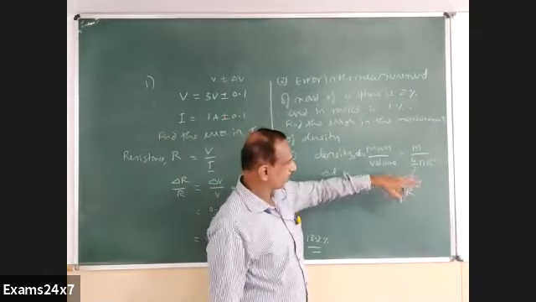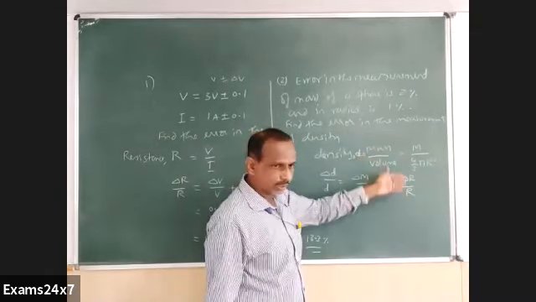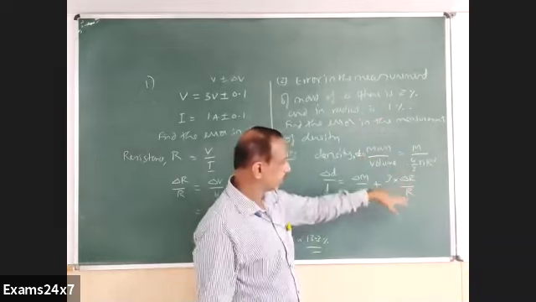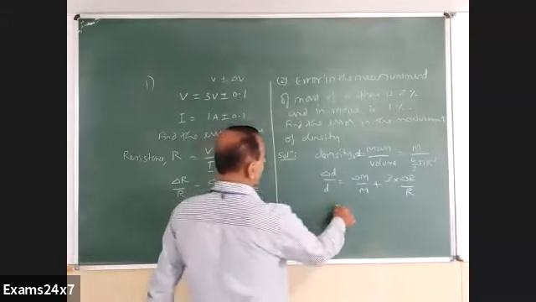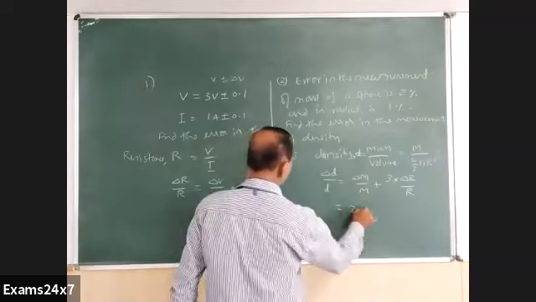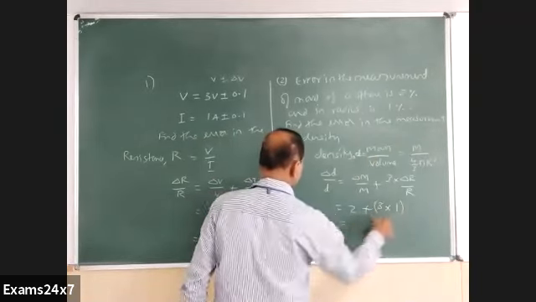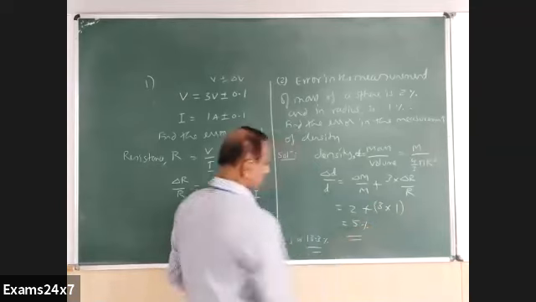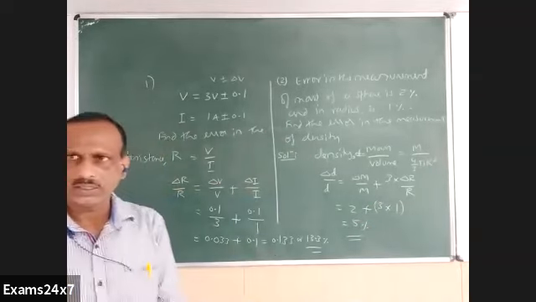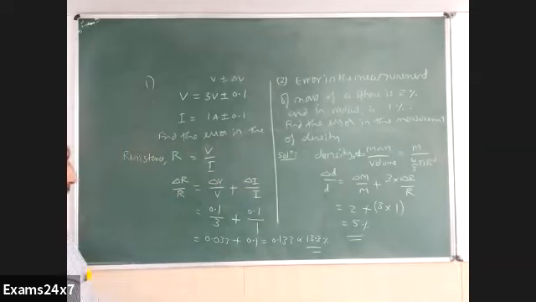If it is r cube in the numerator also, 3 into delta r by r, denominator also same thing, 3 into delta r by r. Delta m by m is given as 2%, and 3 into 1%. Finally, it becomes how much? 5% error in the measurement of density.